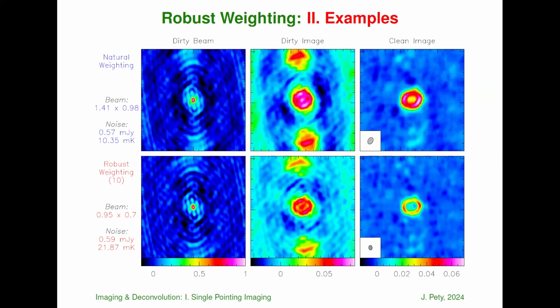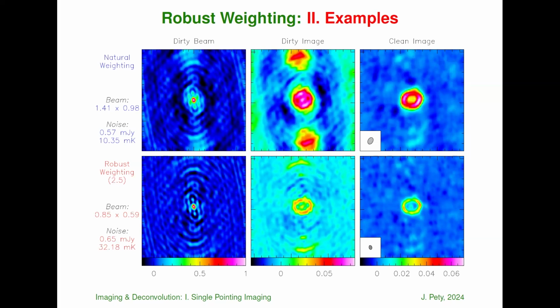In the inner part of the dirty beam, you have a better definition. So basically, when you're doing robust weighting with a low threshold, you're improving the resolution of your image, and you're improving the inner part of your dirty beam.